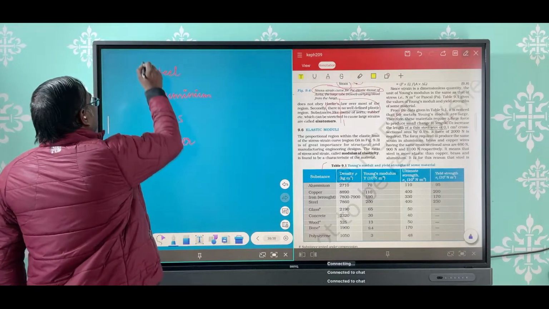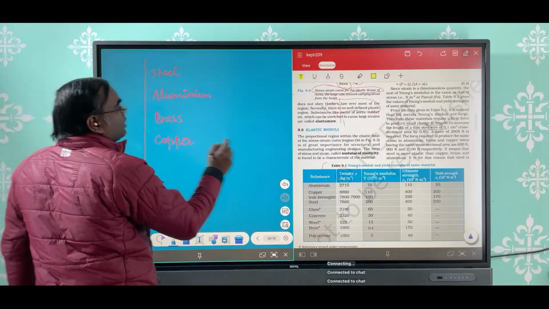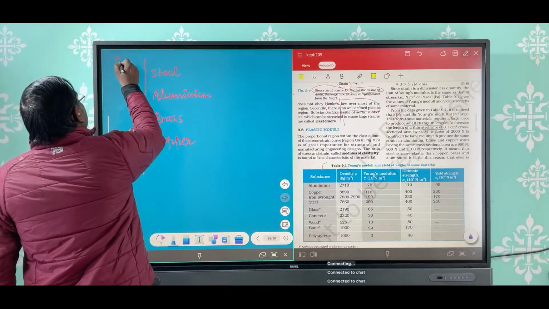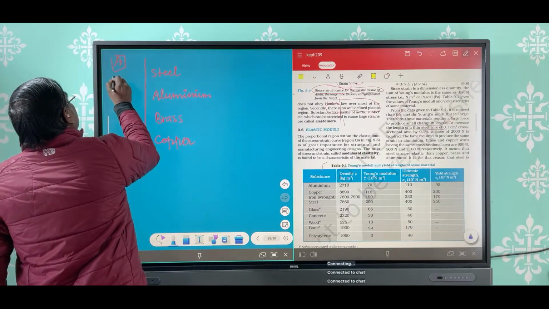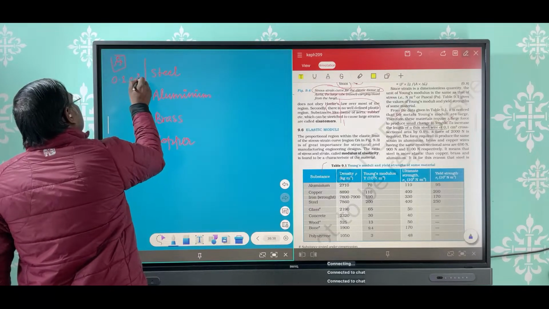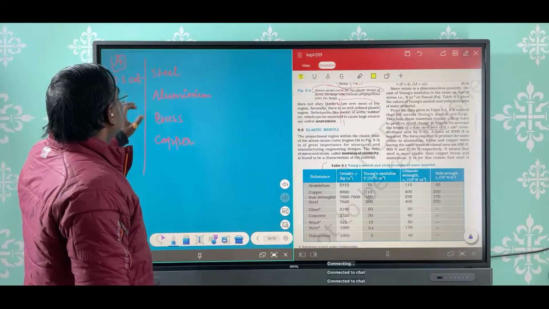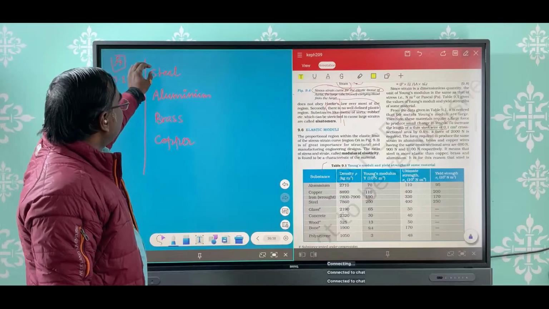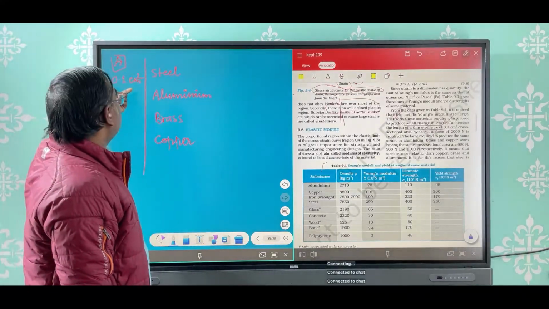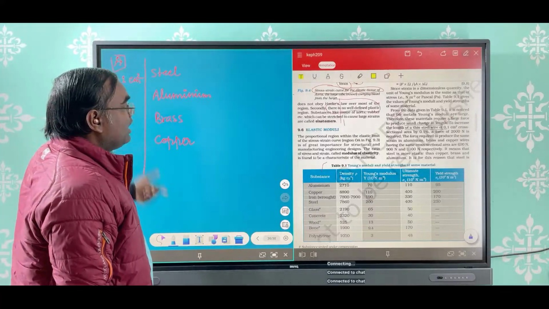The wire cross sectional area is 0.1 centimeter square. If we consider that the wire is made up of different materials having the same dimension, 0.1 cross sectional area, right?